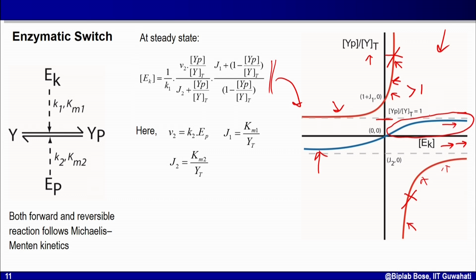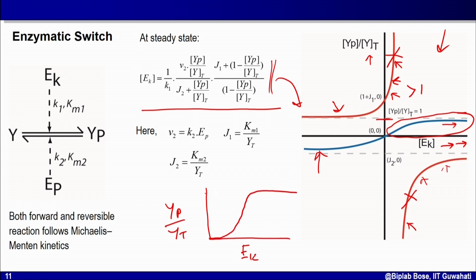In this region, this blue line works like a sigmoid curve, initially increasing and then saturating near 1. So what I get from this algebraic relation is that if I remove all those impossible things, and plot Ek on my horizontal axis and Yp by Yt on my vertical axis, then the behavior will be sigmoidal, saturating at the maximum value 1.